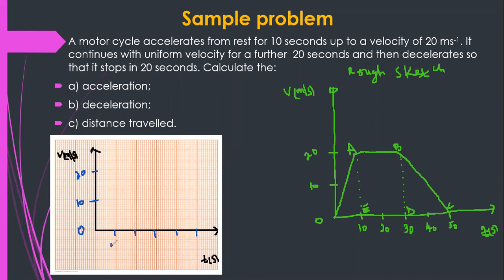So let's write the time. We have 10, 20, 30, 40, and then we have 50. So from the question, which I've already explained, it accelerates from rest for 10 seconds up to a velocity of 20 meters per second.